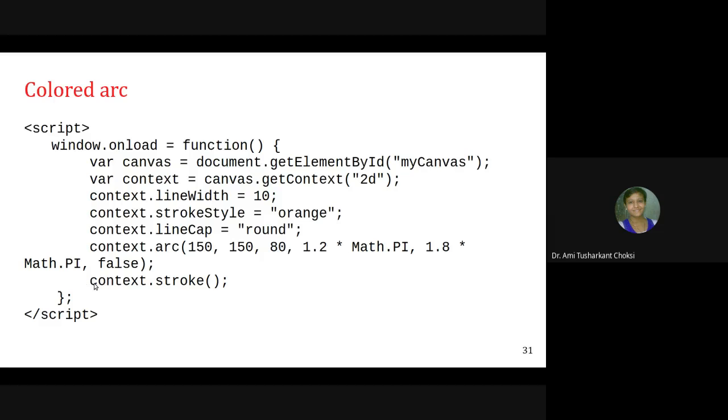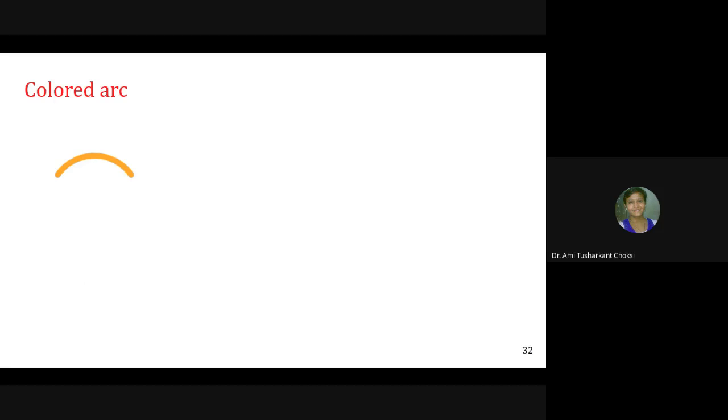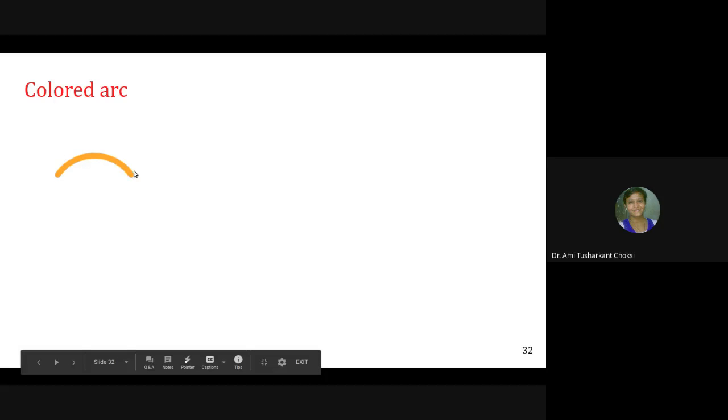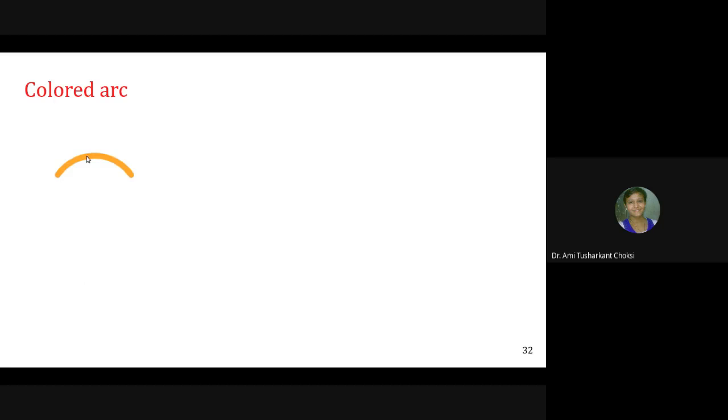And at last, context.stroke. Without that, nothing will be drawn, right? So if we do this, what will get us the output? Yes, it is the arc. Wow. Let's see that in our Bluefish editor, right?